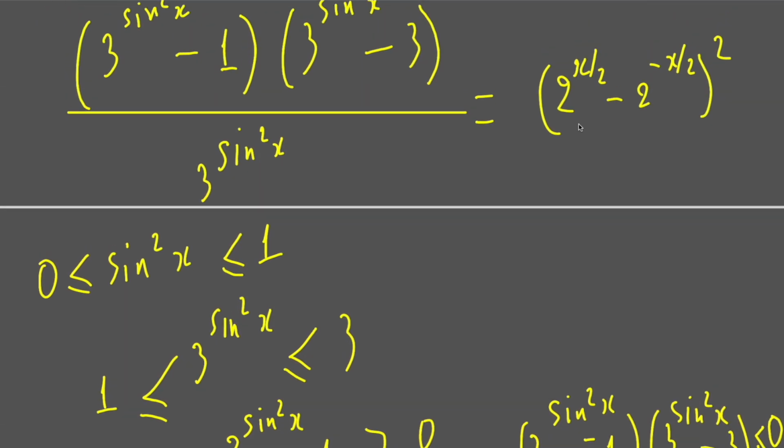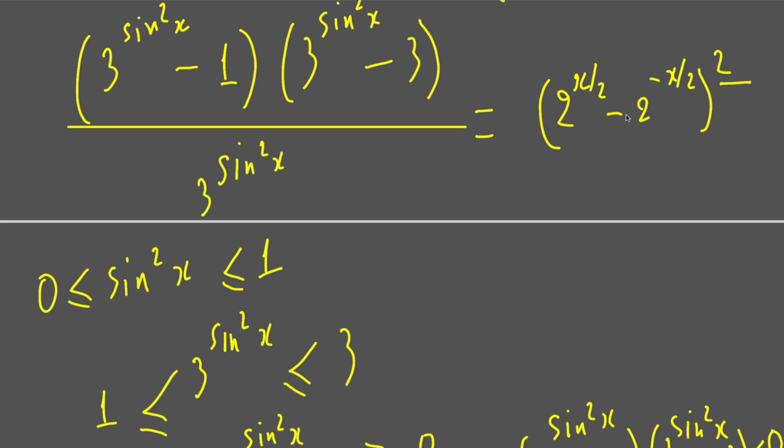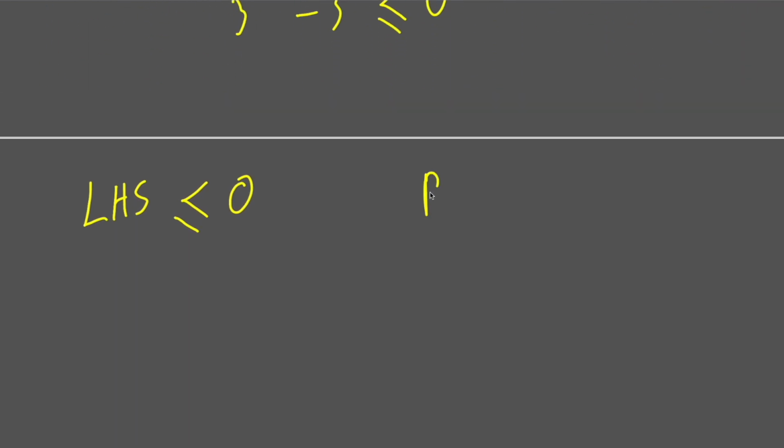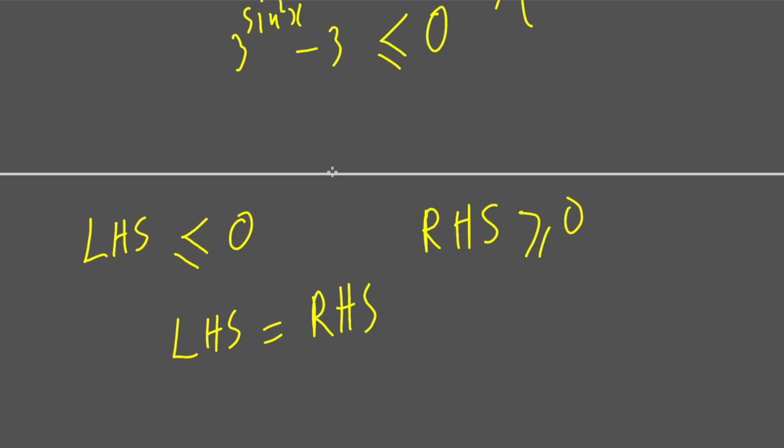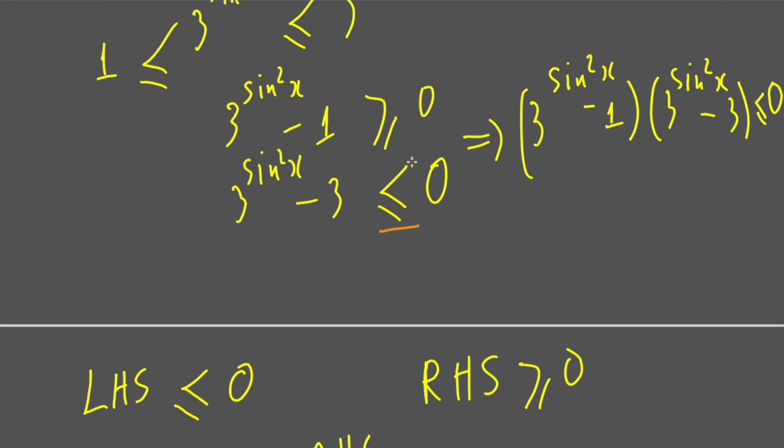However, the right hand side is a square number, so the right hand side is always greater or equal than 0. It means the left hand side equal to the right hand side only when both equalities happen.